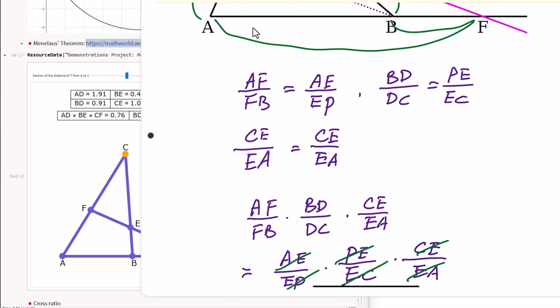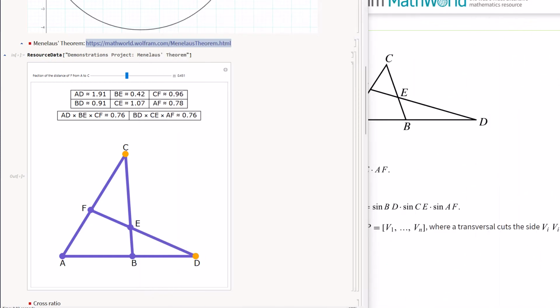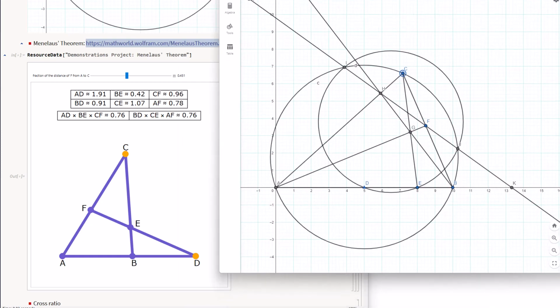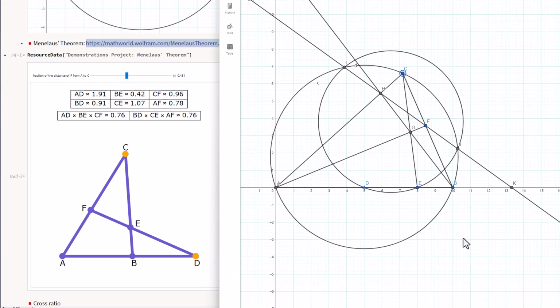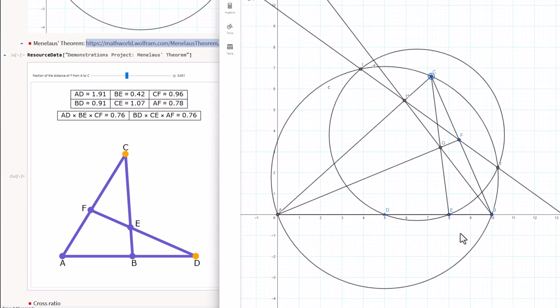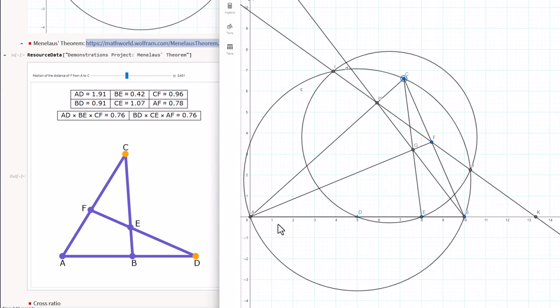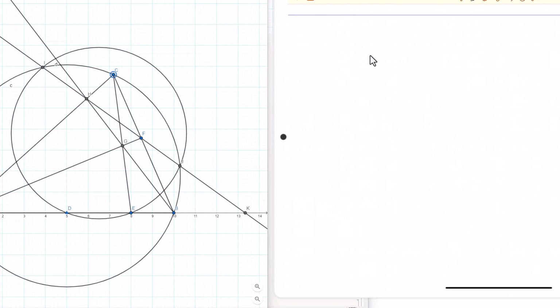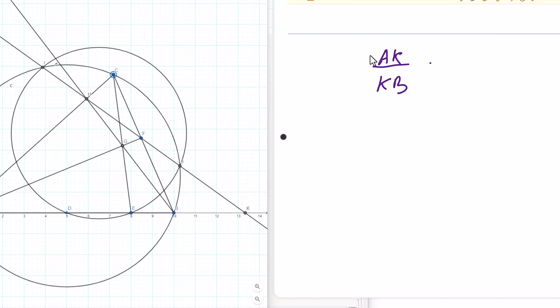And let's go back to our diagram. So in this diagram, we obviously will have AK over KB times BF over FC and times CH over HA equal to 1.